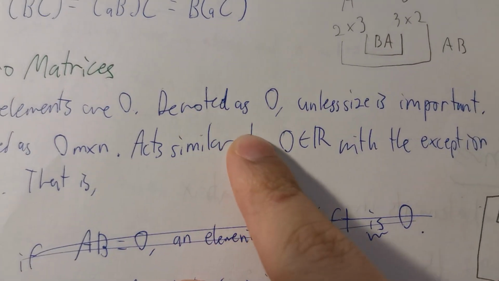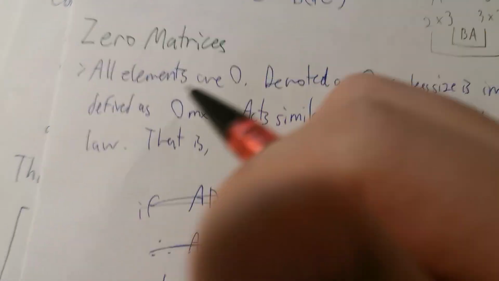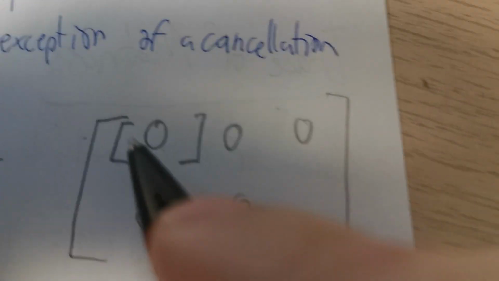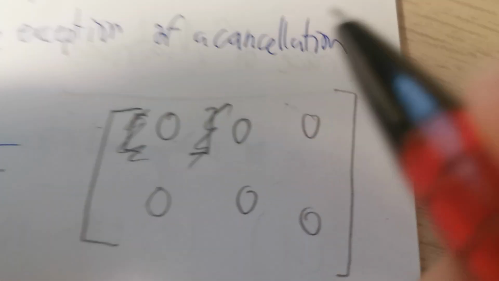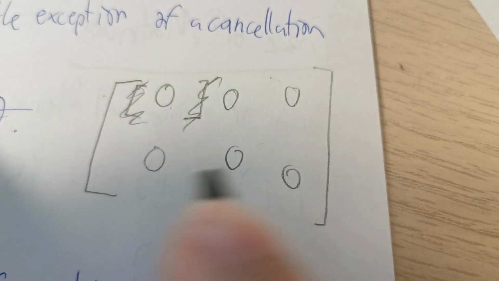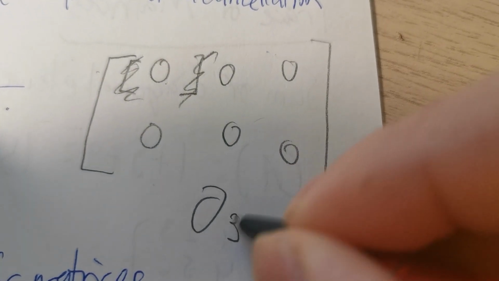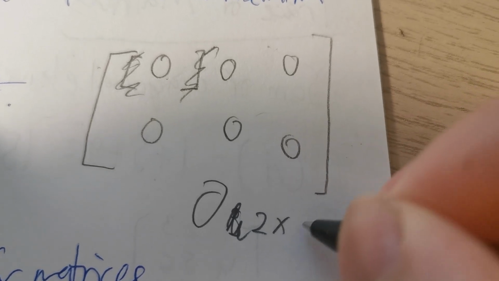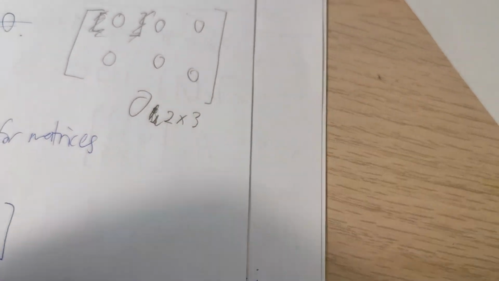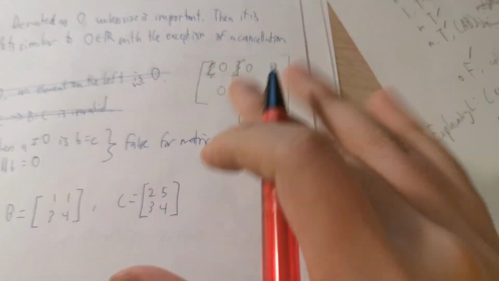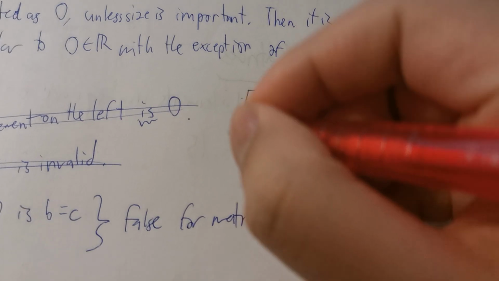It's denoted as a zero, unless the size is important, then you can write 0 m by n. So for example, this would be a 0, 2 rows, 3 columns, so 0 2 by 3. If the size of the matrix is important, then you write it like that. But if not, then you can just denote it as 0.